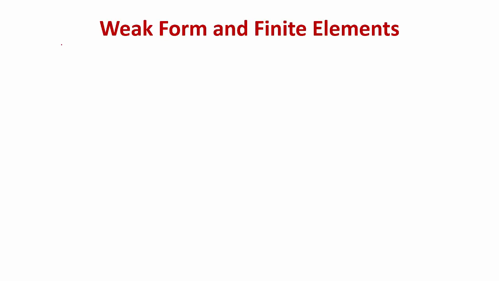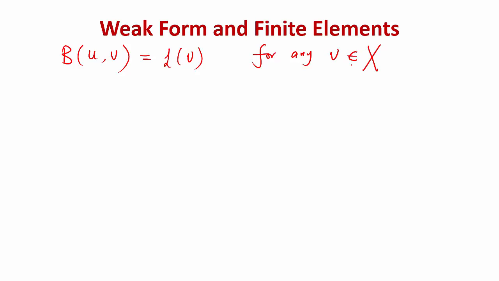So the weak form, let me write it in the most general way, is that we have a bilinear form that operates on the solution U and the test function V. This has to be equal to a linear functional that is operated only on the test function V. Okay, and this has to be true for any V within a certain space.